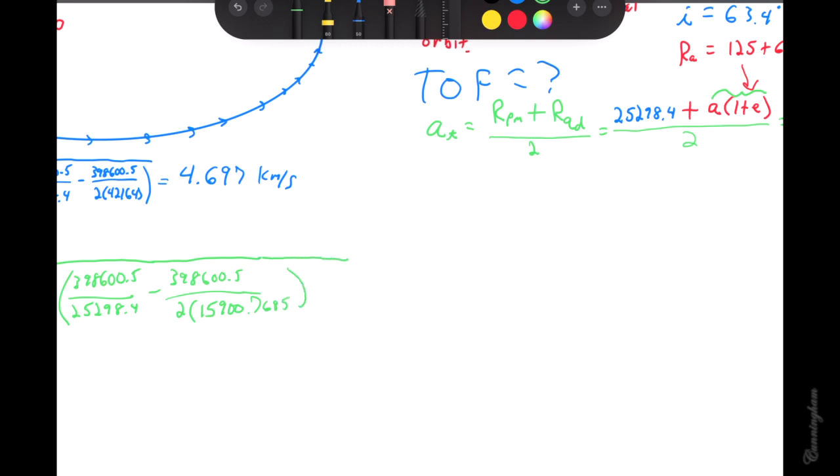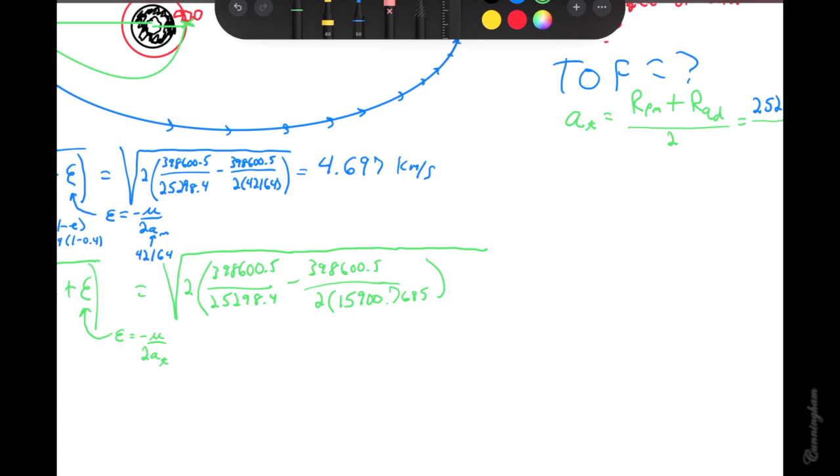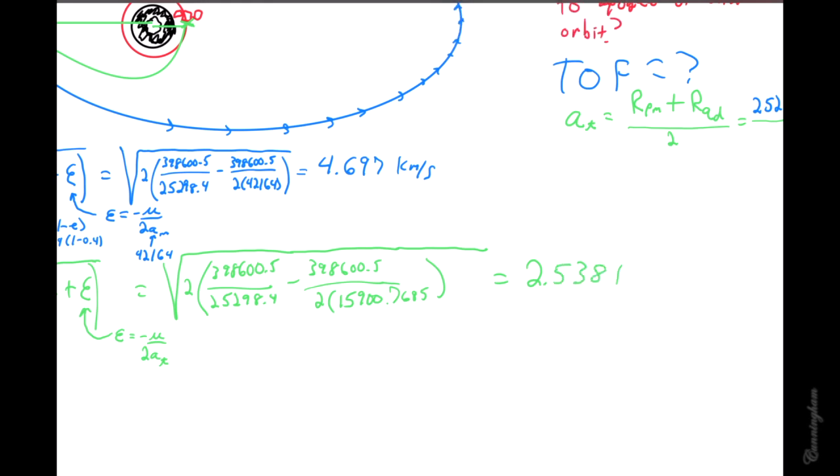I have to keep extending my square root shape. Okay, so let's see how fast we're going after our first burn. Times 2, square root. Okay, so we're going 2.538 kilometers per second after our first burn.